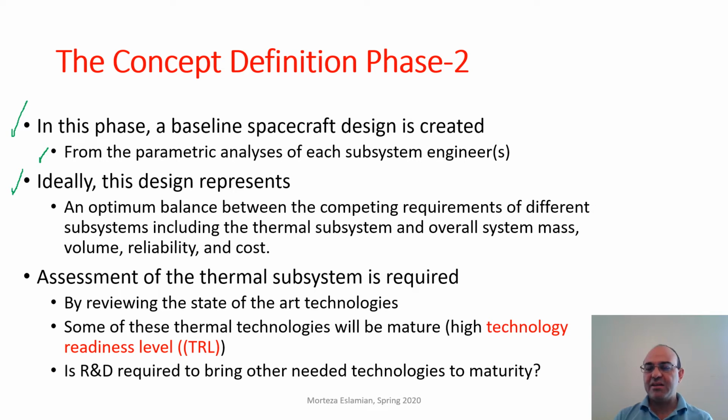The design of one subsystem may significantly influence the design of another subsystem. So it has to be done collaboratively, and if one of the subsystems does not consider the needs of the other subsystems, then it will fail. The spacecraft will not work properly.